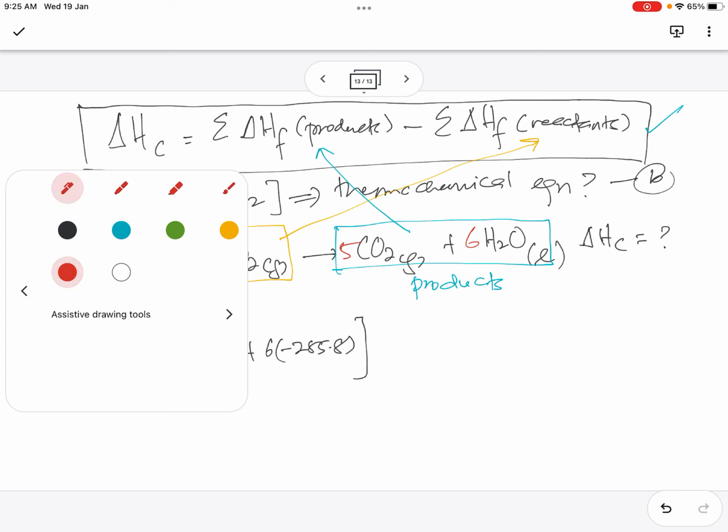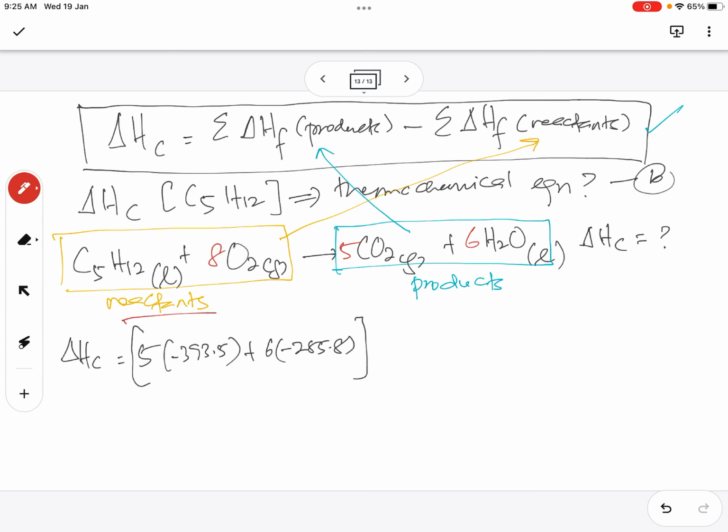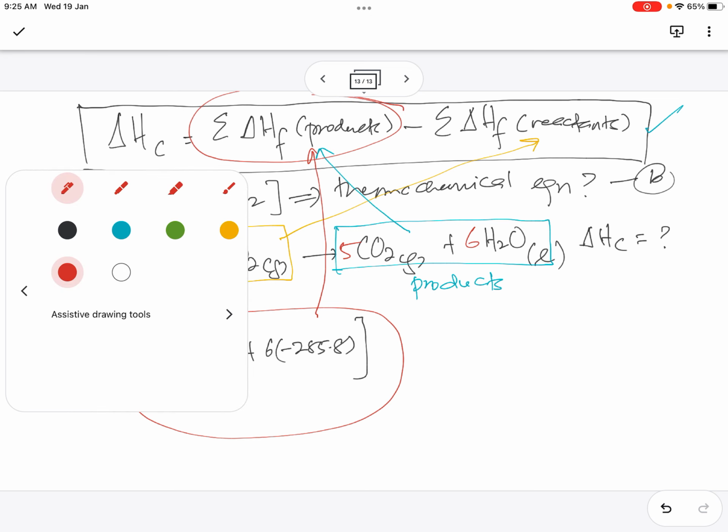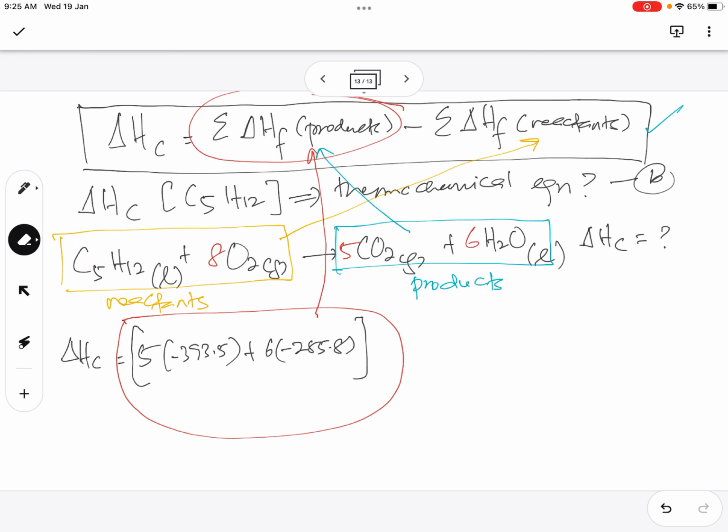This is summation of product. Okay. Maybe I use a red color pen to circle. This is called summation of product. Then we have to do the summation of reactant. Okay. Product dah habis, kita buat reactant lah. So saya padam ni. Ini just to tell you. Okay. Alright.